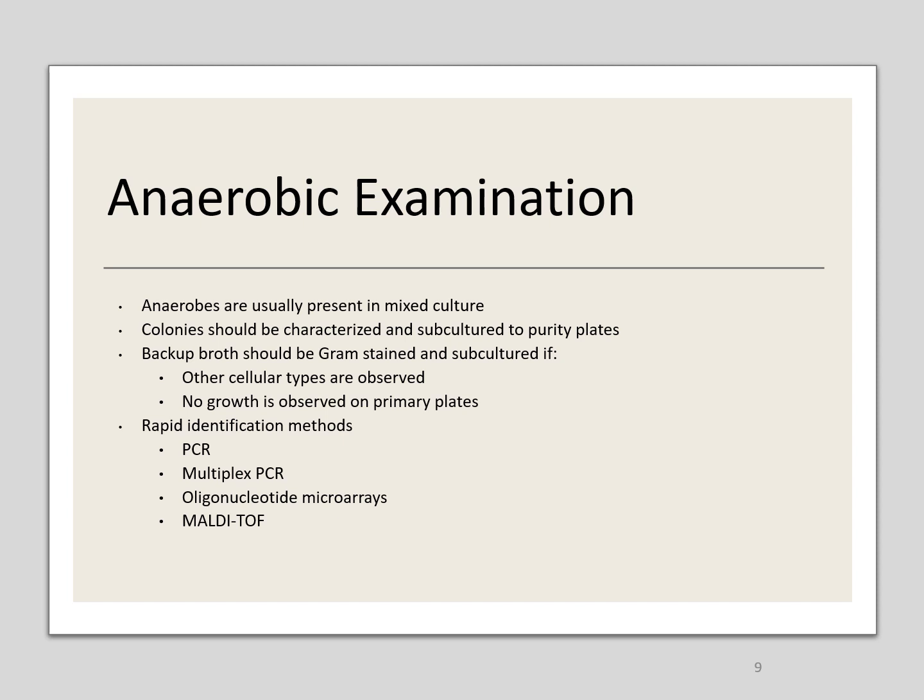With examining anaerobes, you're typically going to find a mixed culture because you do have so many normal anaerobic flora. So that's why trying to get that differential or selective type media in that culture setup is crucial so that you can eliminate some of the other anaerobes that may be present.